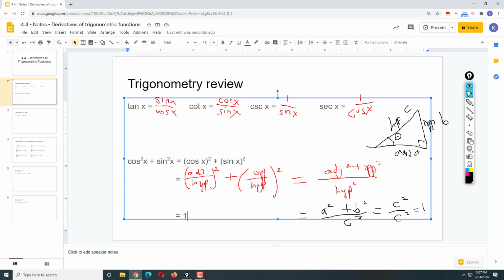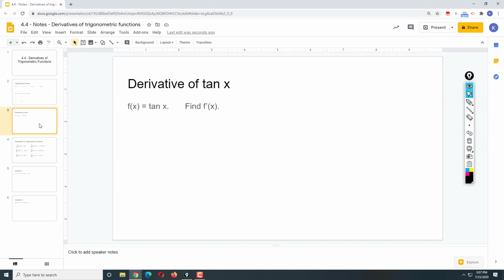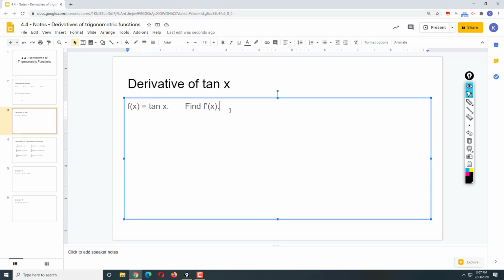Okay, so let's do it. If f of x is tangent x, what is f prime of x, the derivative of f? We can use the quotient rule because f of x, tangent x, is just sine of x over cosine of x.